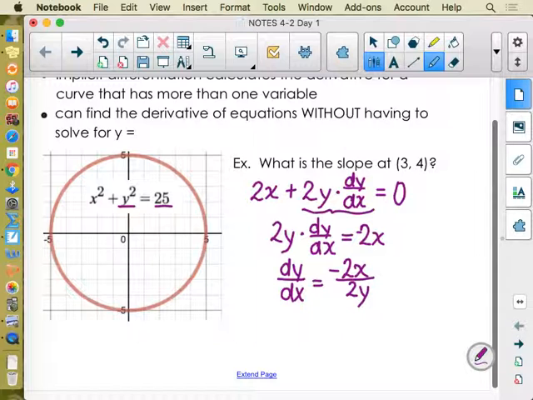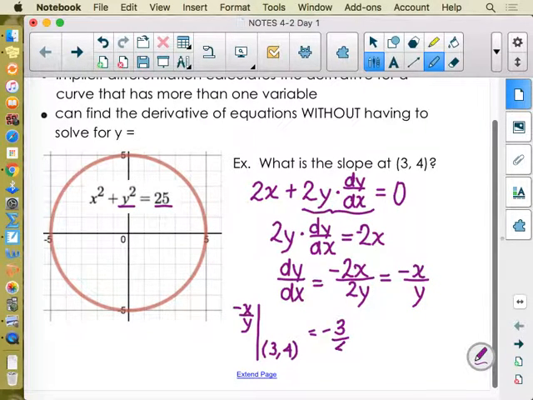When I simplify this, we're saying that the derivative of this function is the opposite of the x over its y value. With that derivative, I can calculate the slope at 3, 4. The slope at 3, 4 is going to be evaluating that derivative at the ordered pair 3, 4, which means 3 goes in for x, 4 goes in for y.